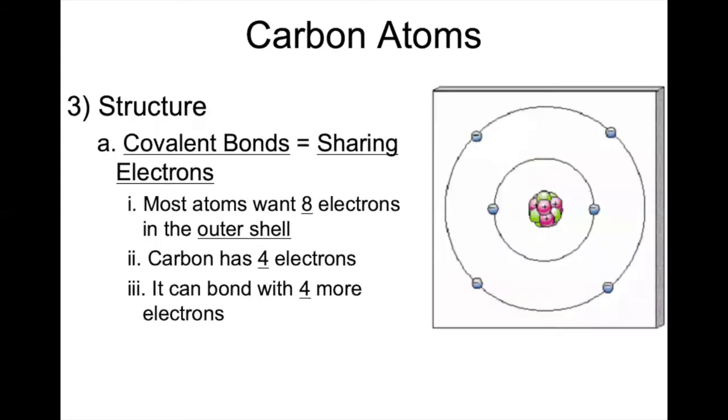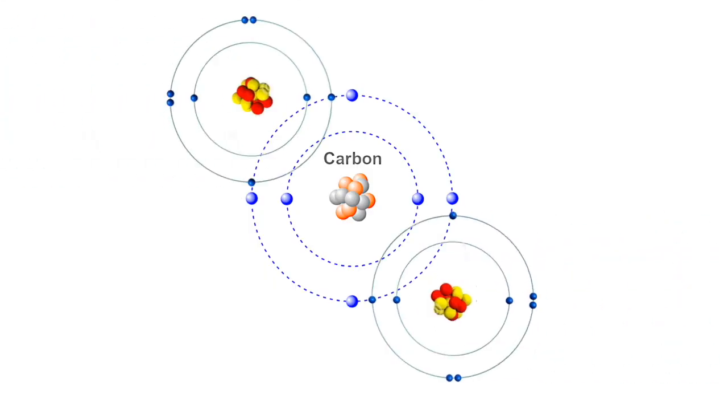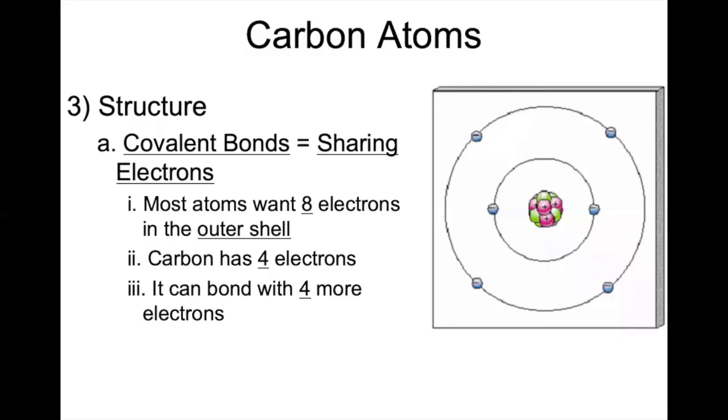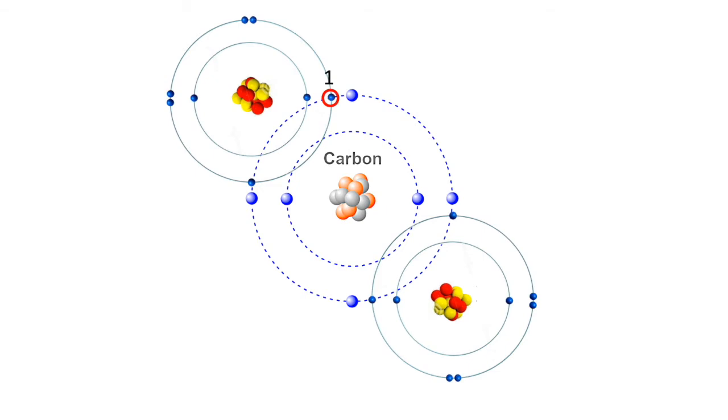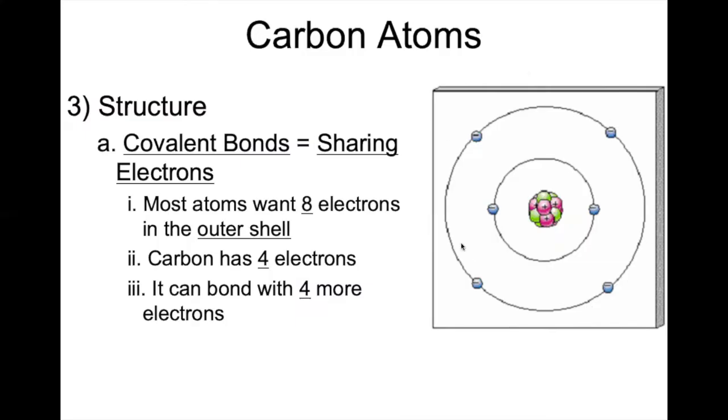So the structure of this carbon atom is going to be building up molecules using what we call covalent bonds. Now, in physical science, you probably would have learned about 3 different bonds: covalent bonds, ionic bonds, and hydrogen bonds. Covalent bonds are going to be the strongest ones because they are sharing electrons, and atoms do not like to let go of electrons. So they're going to be holding onto each other very tightly. Most atoms, and you're going to learn this in chemistry class, want 8 electrons in the outer ring around the atom. Right?